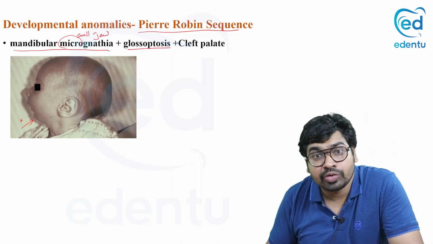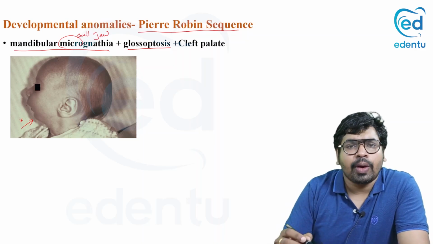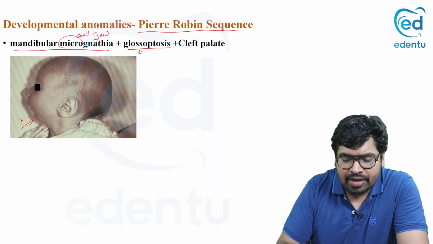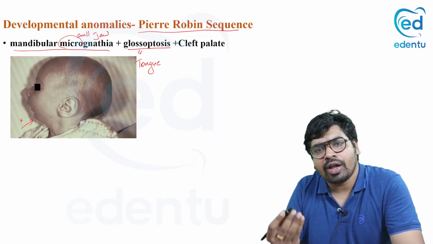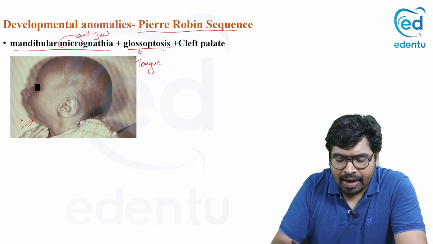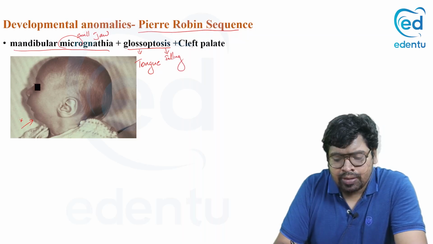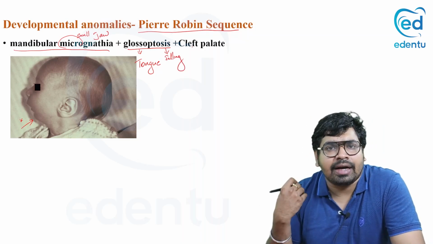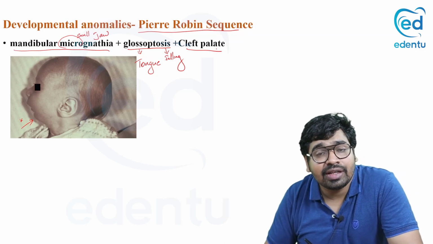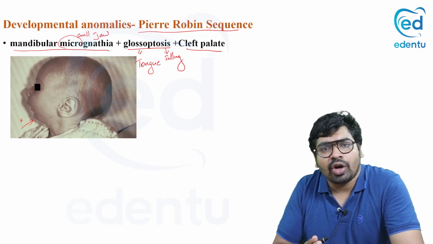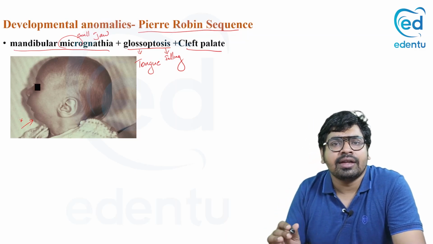What do you mean by glossoptosis? Gloss, you can imagine it's the tongue, and ptosis of the tongue means falling back. And there is cleft palate. So the mandible is small, the tongue is falling back, and there is cleft palate.